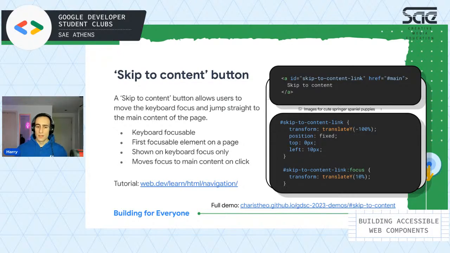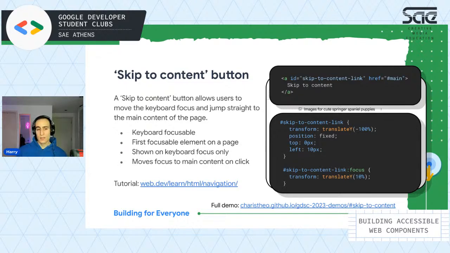Now, that can be very valuable for users that are using only the keyboard. So you're saving them many extra tabs to go through navigations and many other unimportant elements before going to the main content. There are a few rules for the skip to content button to work.